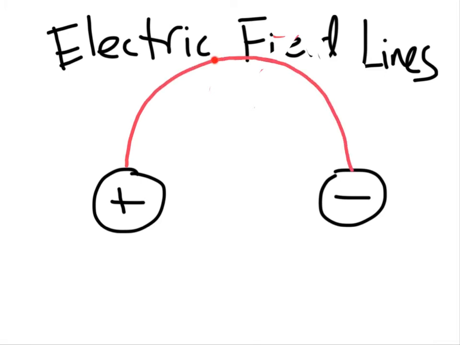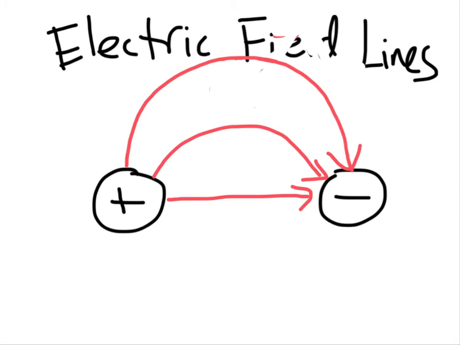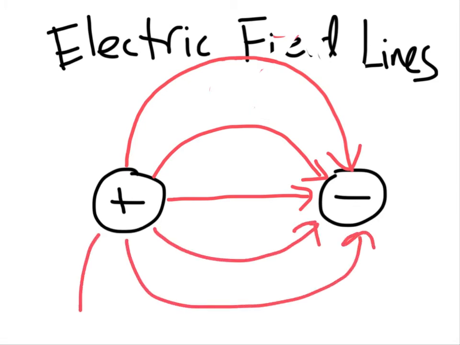Do you see how right here the force is horizontal, and we know it would be going like this. So we could draw a little arrow. If it were straight down the middle, it would be like that, and so the field lines tend to do this. Again, these indicate the direction that a positive charge would experience a force.